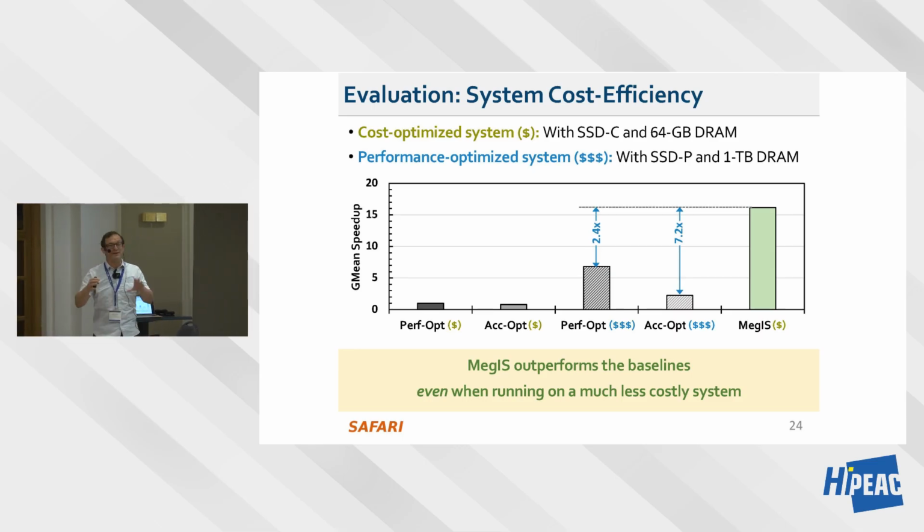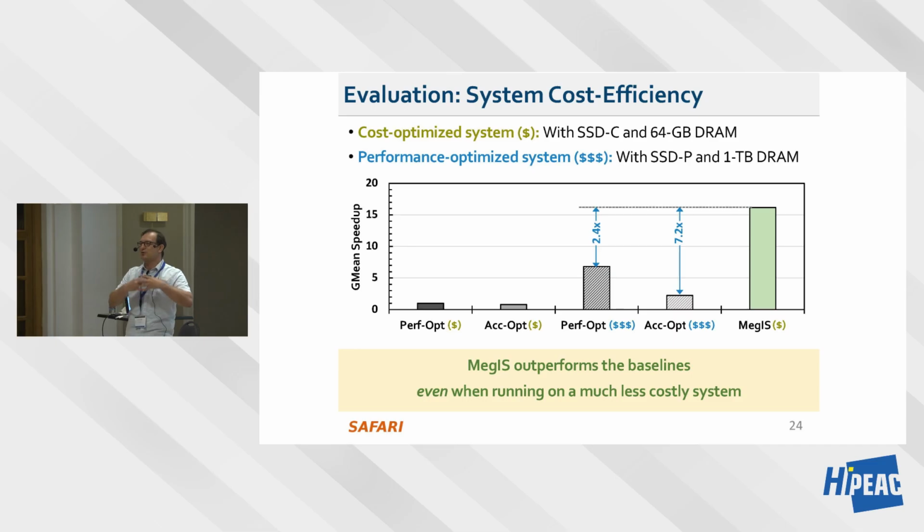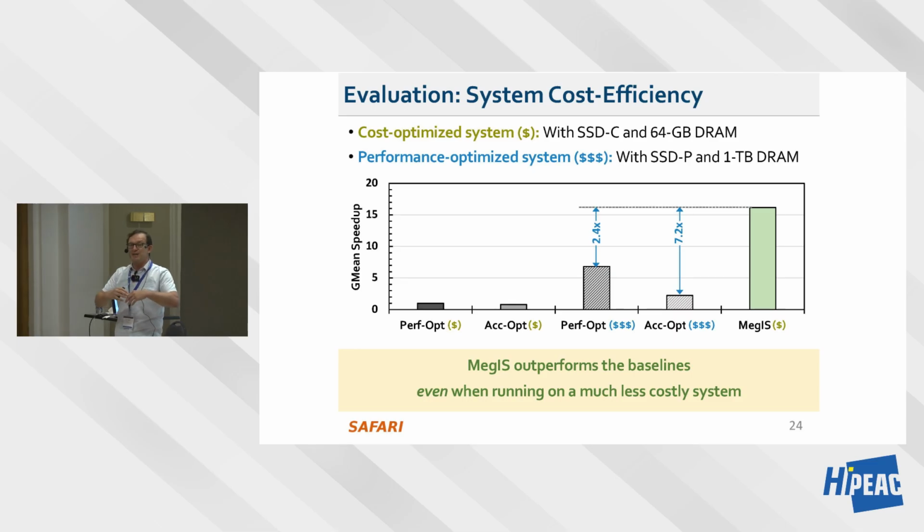I think this is one of the benefits of really thinking about memory in a different way, right? If you keep scaling the system by adding more cost, adding more bandwidth, adding more DRAM, there are just limits because you're still bottlenecked by this data movement. But if you have a simpler, cheaper system, that you don't pay a lot for, but you do in-storage processing or in-memory processing, you'd be much better off, in my opinion.